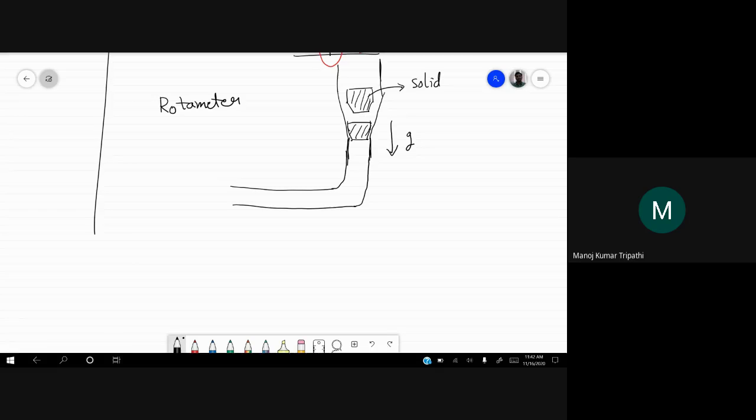And when the flow is steady, this solid will remain there at some height, and there will be flow from the sides, from the periphery, this annular region, okay? So as the solid goes up more and more, there will be more space for the flow to happen. So the flow rate will increase as the solid goes up.